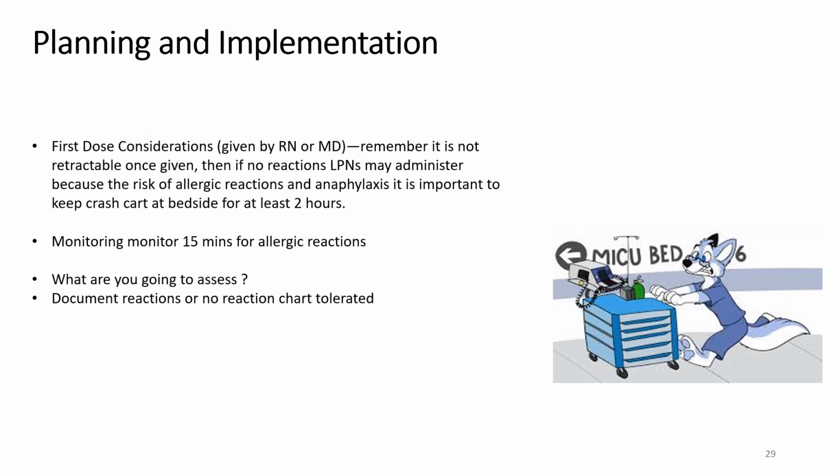So also when we're talking about planning and implementation and nursing responsibilities, again, this is an injectable medication. So we want to make sure that our patients and ourselves as nurses are rotating those sites. Now, one thing to be mindful of, and this is in your book on table 12.4, when you're giving those injections near or in the abdomen, you don't want to get anywhere near the umbilicus.